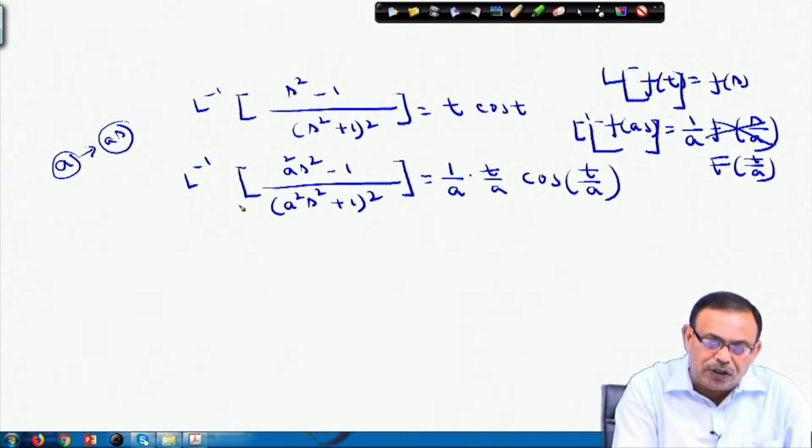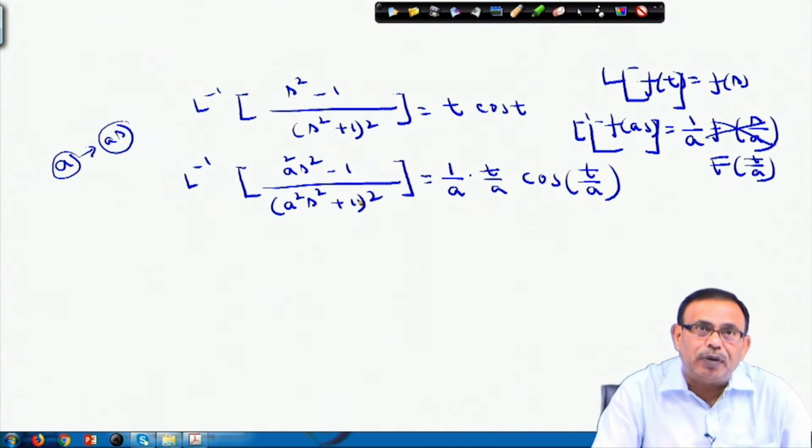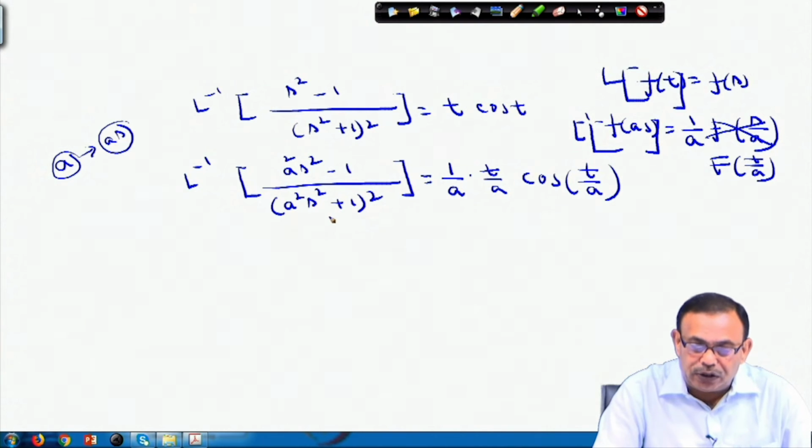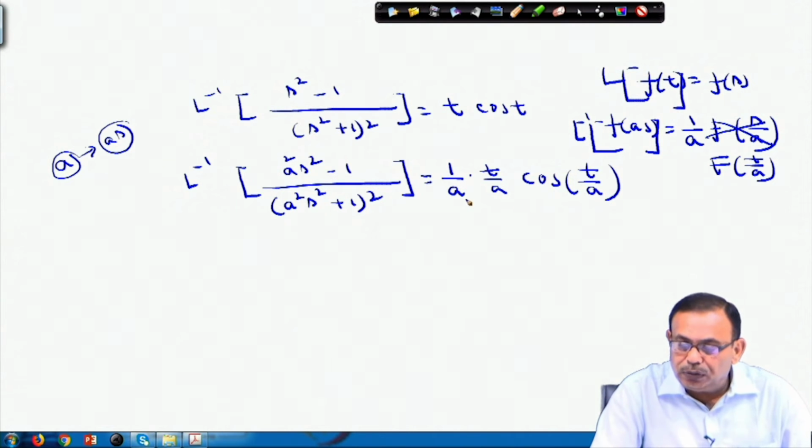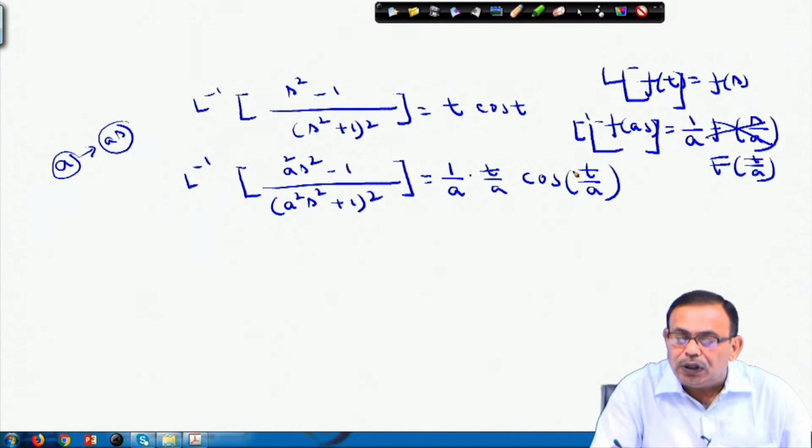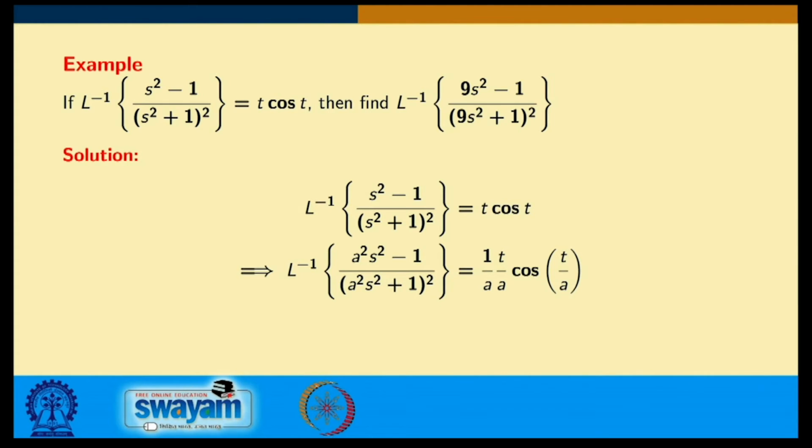Therefore, Laplace inverse of (s square minus 1) by (s square plus 1) whole square is nothing but 1 by a into t by a cos of t by a. If you see the example, in this example you have to find out the Laplace inverse of (9 s square minus 1) by (9 s square plus 1) whole square. So, 9 s square means I have to make a as 3, because if I make a as 3, then it will become 9 s square.